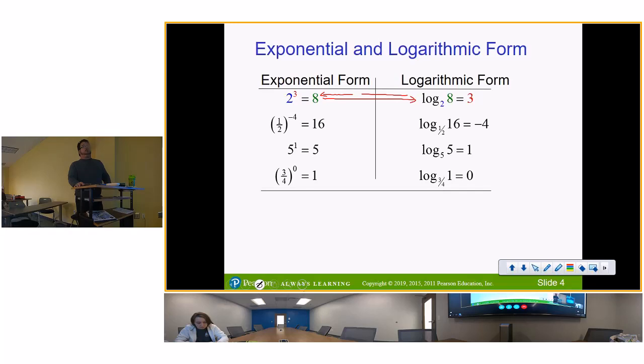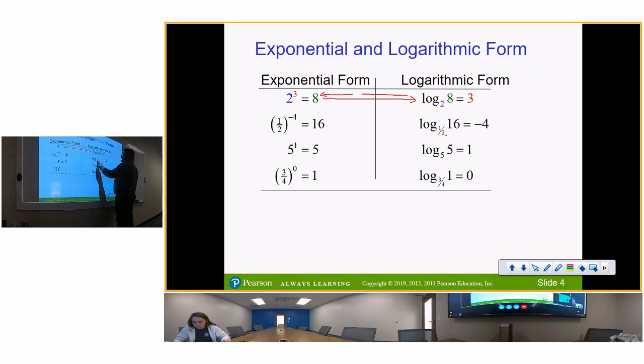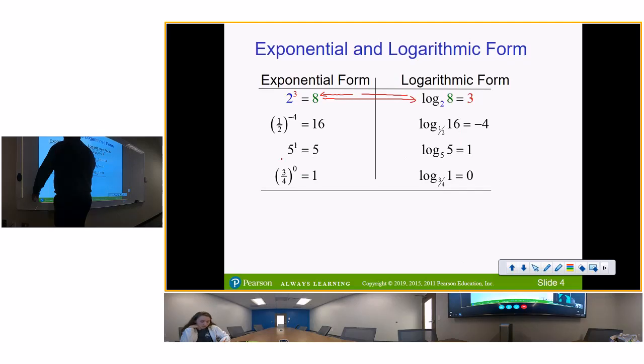A lot of people say, well, Hubert, how did they do that? Log base 1/2 of 16 equals -4. I'm sorry, that's a different example. This example right here: at base, A is 1/2, A to the y, (1/2) to the y is equal to 16, y is -4. A to the y is equal to x. x is equal to this right here. Let's see, A to the y is equal to x.